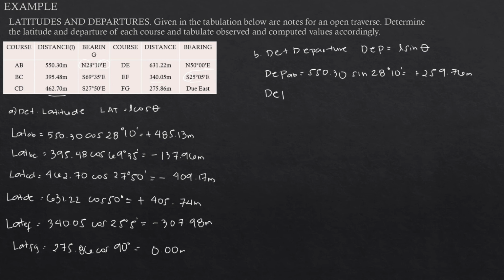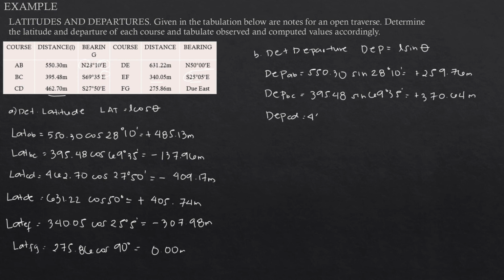So, departure BC is equal to 395.48 sine. Bearing natin is 69 degrees 35 minutes. So, nasa east ulit. So, positive 370.64 meters. And departure CD.